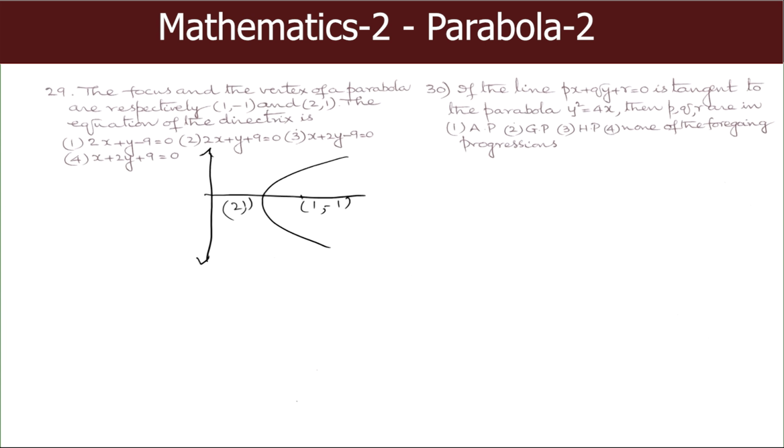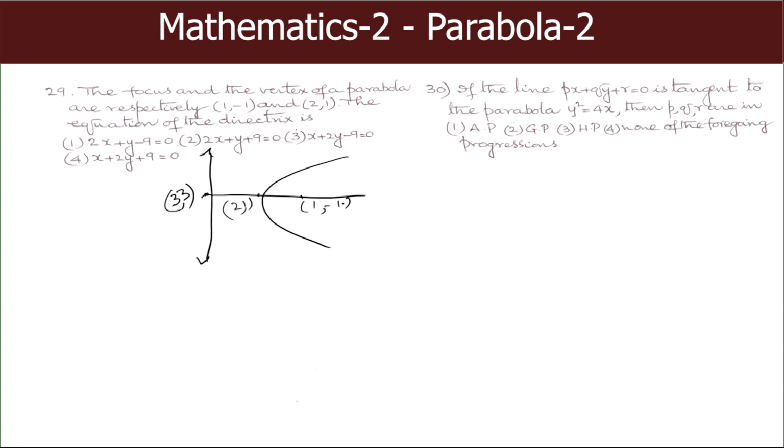What is the equation of the directrix? Well, this point (2, 1) is the midpoint of (1, -1) and the point where the directrix meets the axis. So, therefore, this is (4 - 1, 2 + 1) = (3, 3). So, that is the point, and the directrix is perpendicular to the axis.